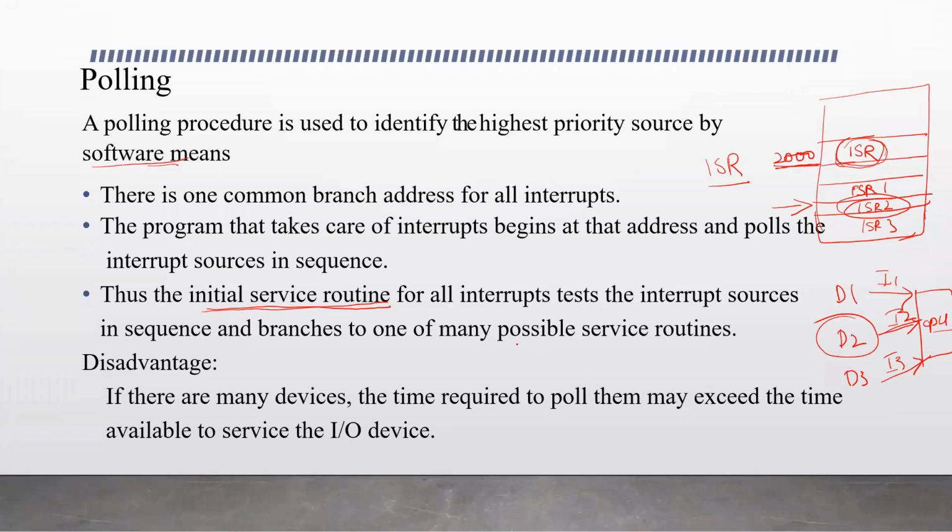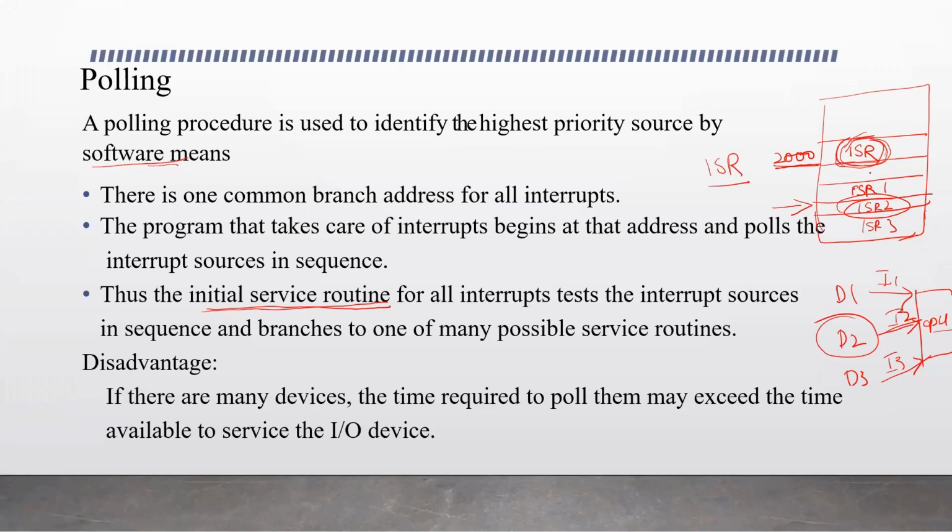The devices are tested by using this initial service routine. Let's say device 1, device 2, and device 3 are initiating interrupts. The CPU has to execute this initial service routine. We have a separate part of the service routine, the initial service routine, so all the interrupts are taken to this routine. This decides which particular device is to be served first.